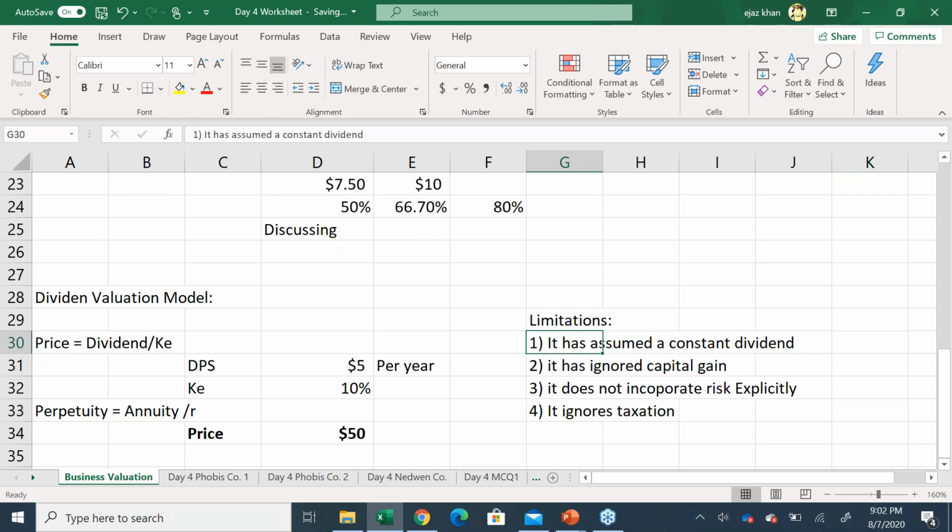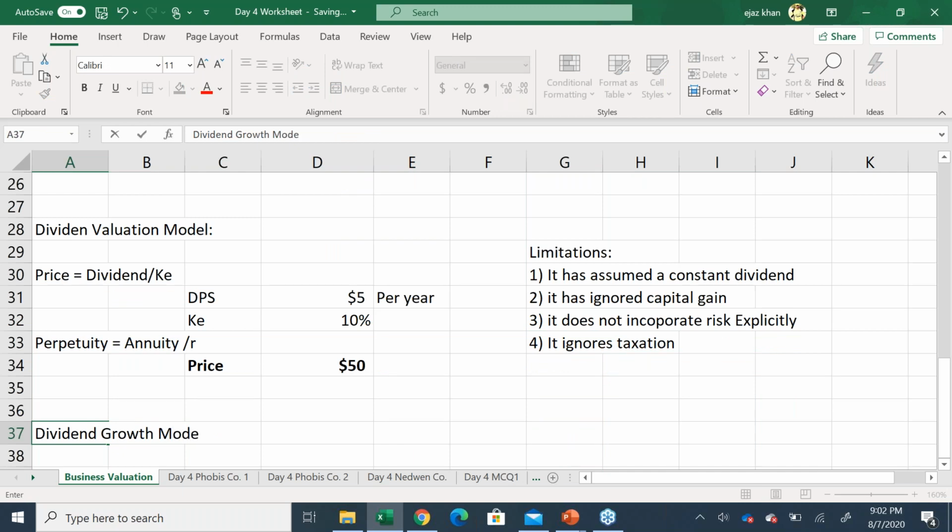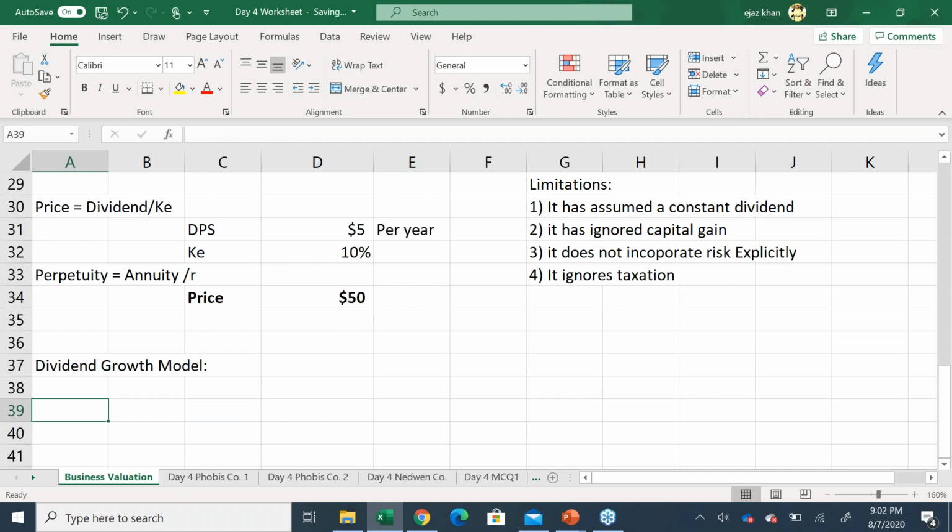So these are the limitations of the dividend valuation model, right? One of the limitations, that it assumes constant growth, could be removed through another formula called the dividend growth model, which is an advanced version of the dividend valuation model.